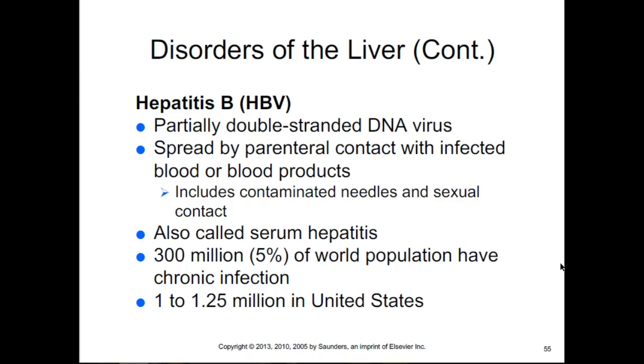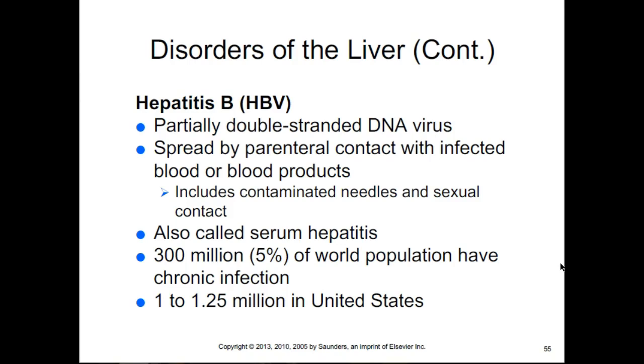Partially double-stranded DNA is our hepatitis B virus, right? This one is going to be spread by parenteral contact with infected blood or blood products. So hepatitis B, right, especially healthcare workers are going to receive a vaccine for hepatitis B, because most people with hepatitis B are going to develop chronic infection.